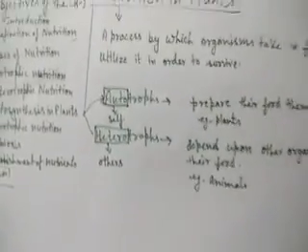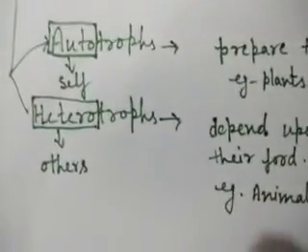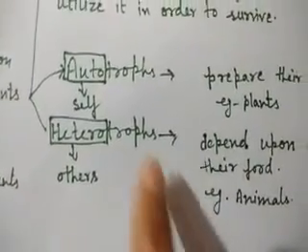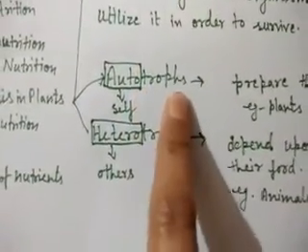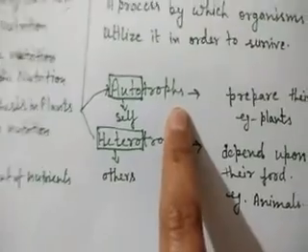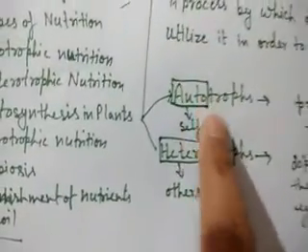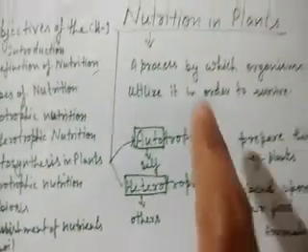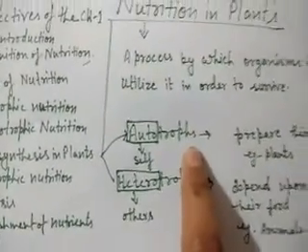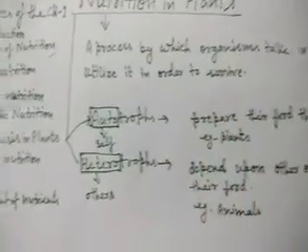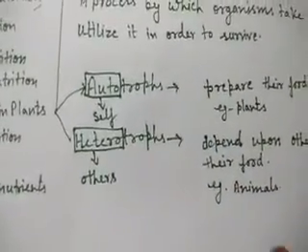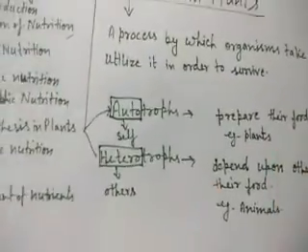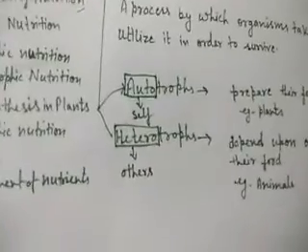There are two types of nutrition: autotrophic nutrition and heterotrophic nutrition. Autotrophs has two words: auto means self, trophs means nutrition. When the organism prepares their food by themselves, it is called autotrophic nutrition. And the second is heterotrophic nutrition.